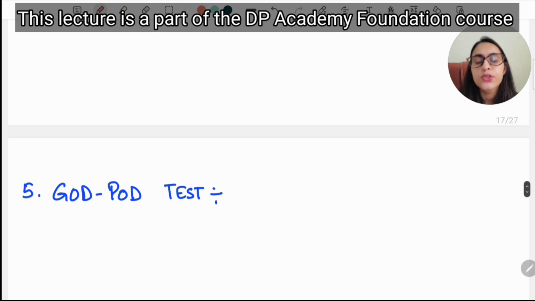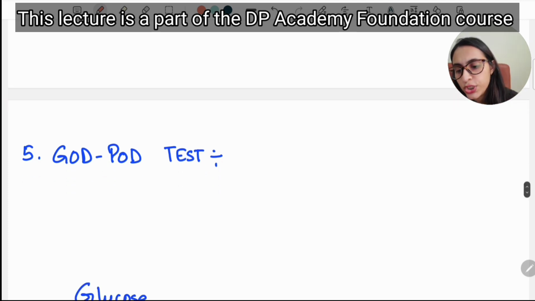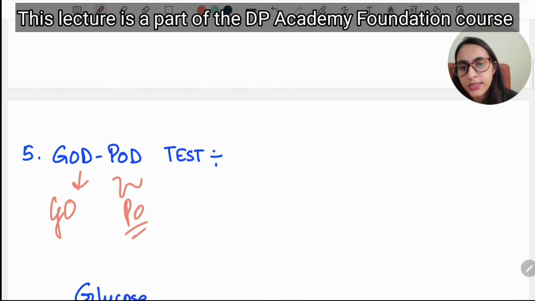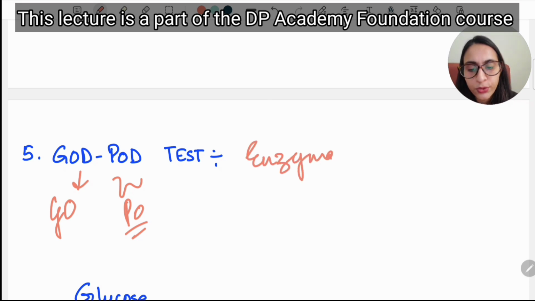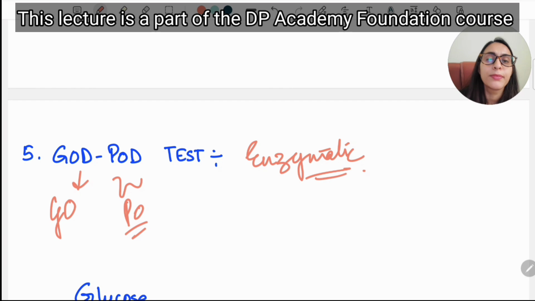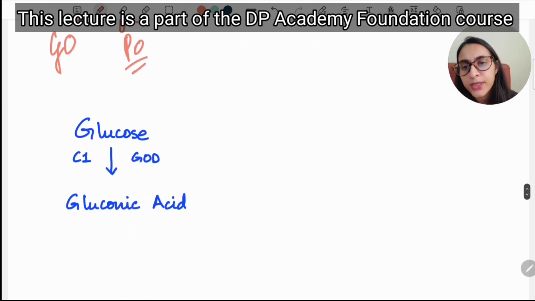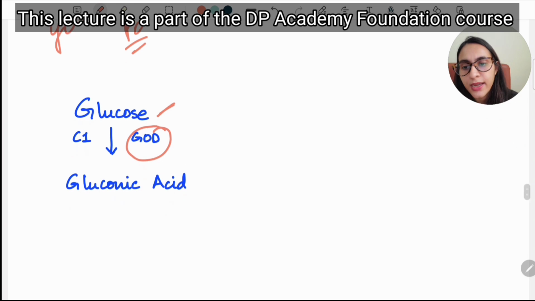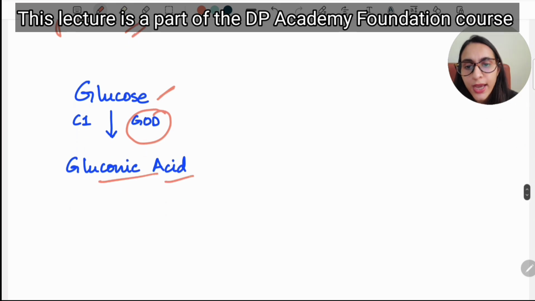Another important test, routinely done for the measurement of blood glucose, is the GOD-POD test. GO is glucose oxidase and PO is peroxidase. As the name suggests, it is an enzymatic test, and it is an accurate test that measures blood glucose. What happens? Glucose in the presence of glucose oxidase enzyme forms gluconic acid.